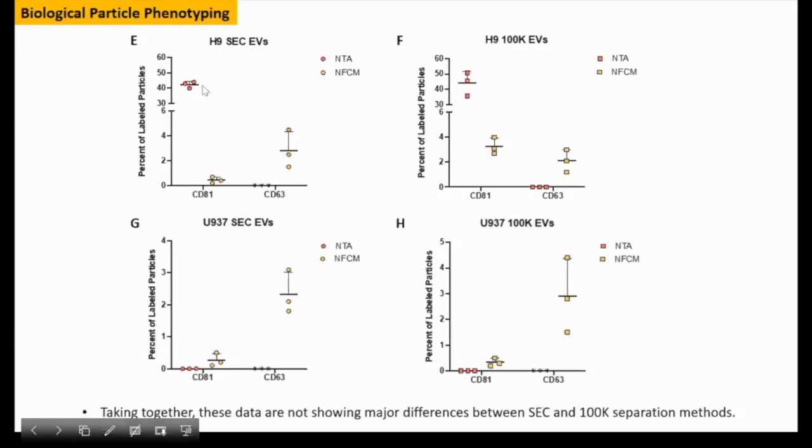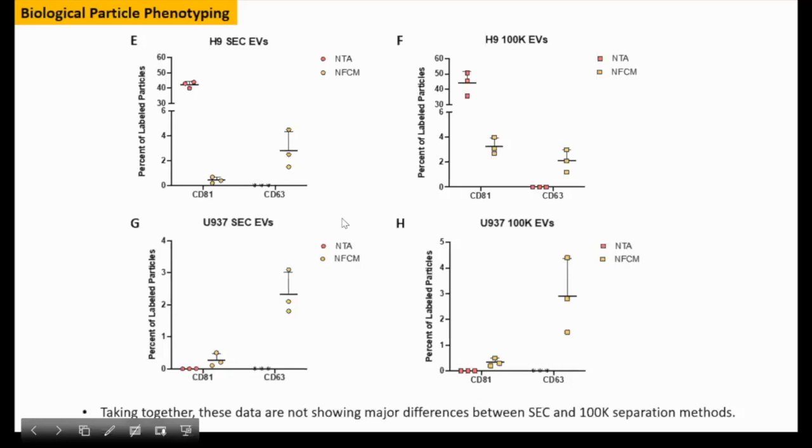And these are the pink round shape, while little to no CD81 signal was detected for U937, and these are the bottom panels. CD63 was not detectable with NTA, even when expected, since we expected CD63 in U937 material.